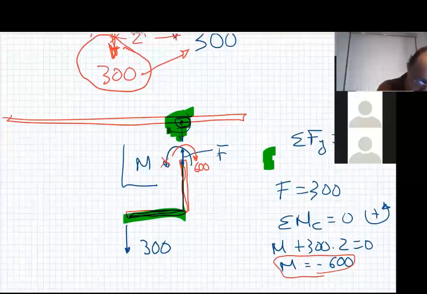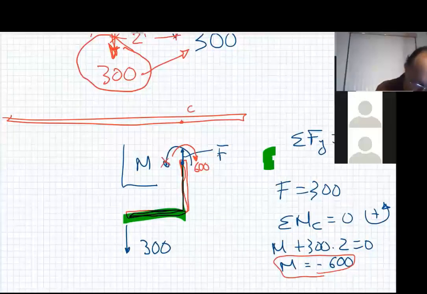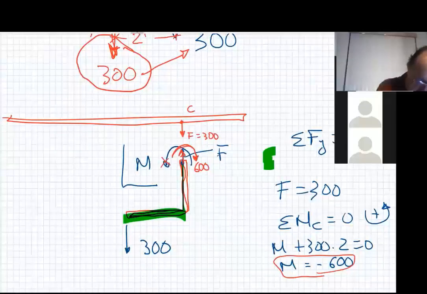So now if I want to use the forces on the beam at point C, the force here is up, so here it is down, because it's action and reaction. So you have a force of 300 here. And the moment is now clockwise here, so in the beam it is counterclockwise.